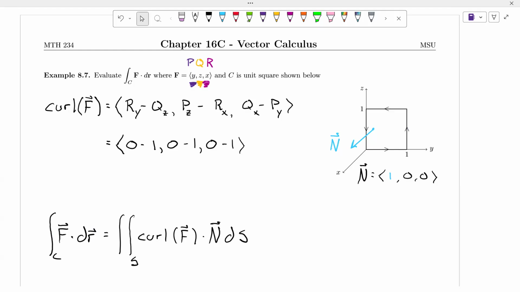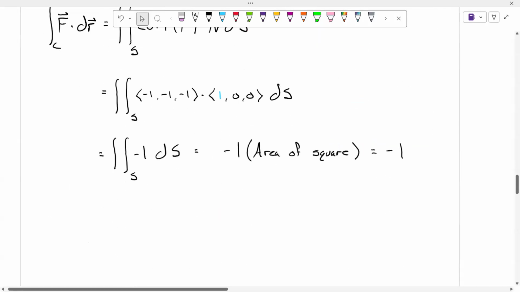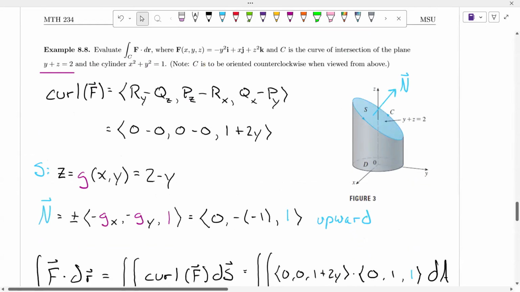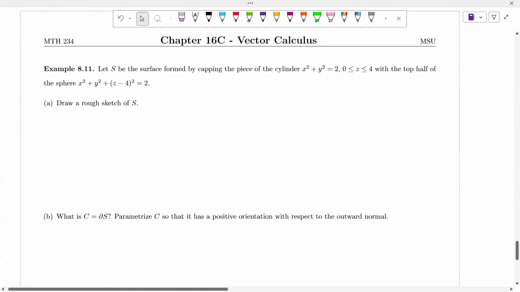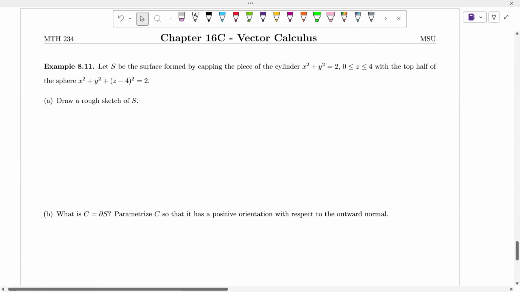Which means that on occasion, if we're looking to solve some surface integral, it might be easier to just attach a nicer surface to our boundary curve than the one that we're given. And hey, look, doesn't that lead conveniently into this next example?